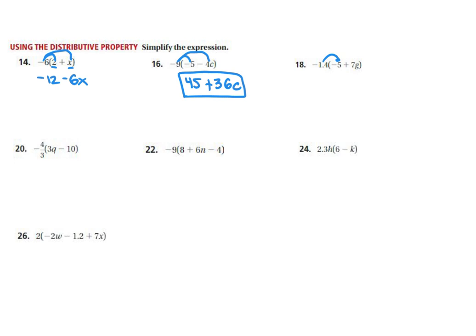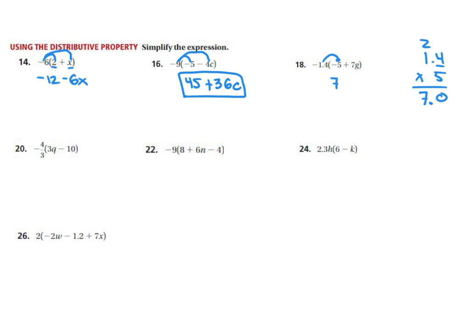Negative 1.4 times negative 5, we know our answer is going to be positive, and I'm going to do 1.4 times 5. So that's 20. 5 times 1 is 5, and 2 more is 7, and 1 digit after a decimal. So that's going to be just positive 7.